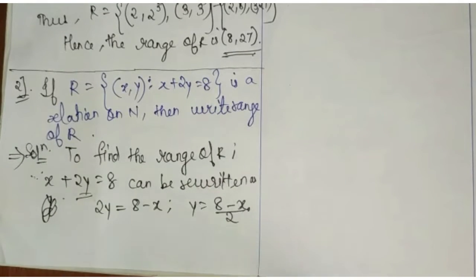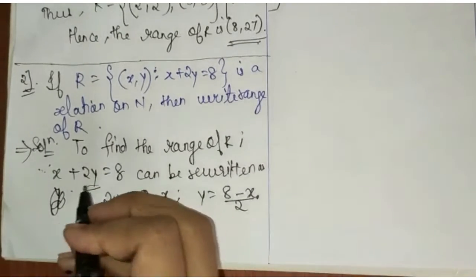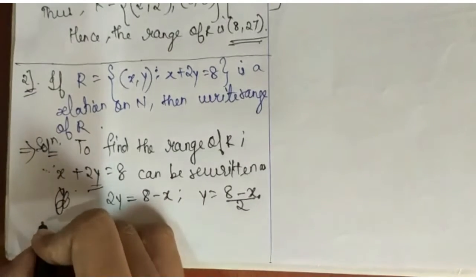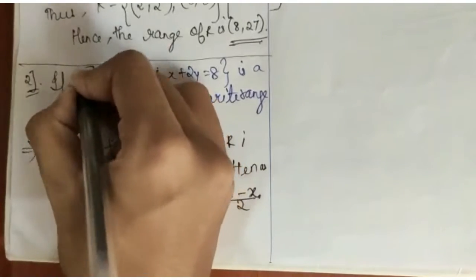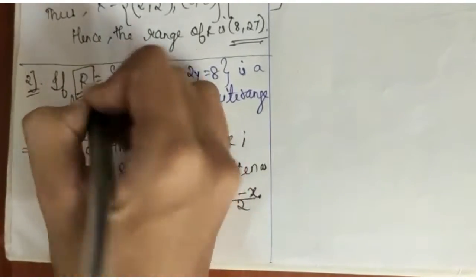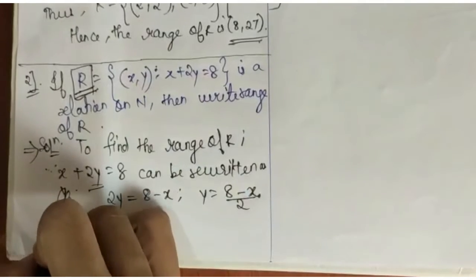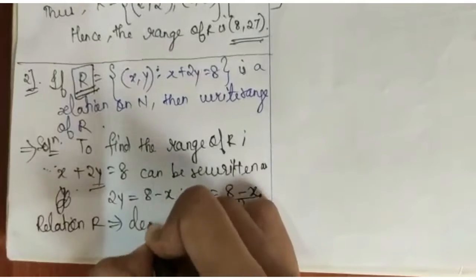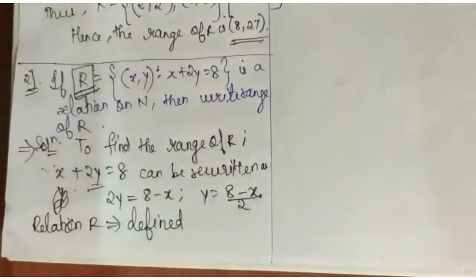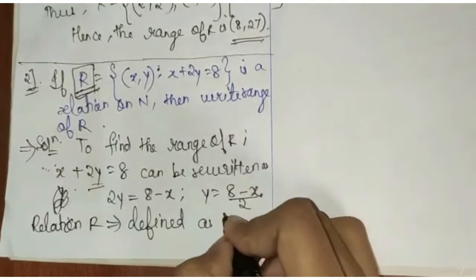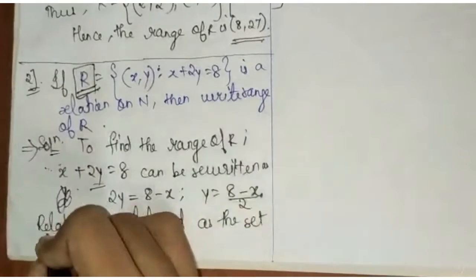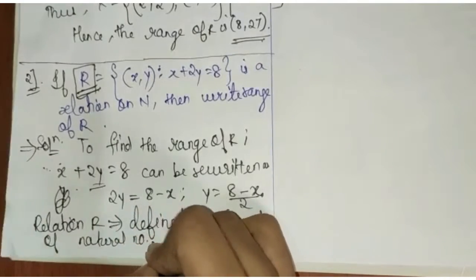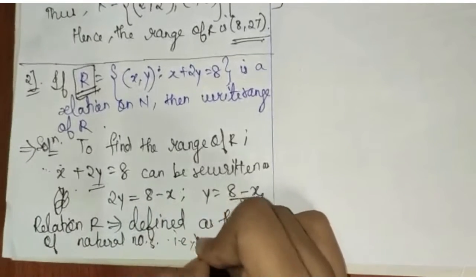Now they have told you to find the range. Now in this question, just observe, here it is written R. So what is this R defined as? Relation R is defined as the set of natural numbers, that is N.